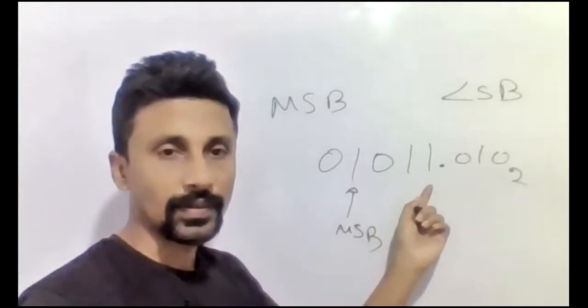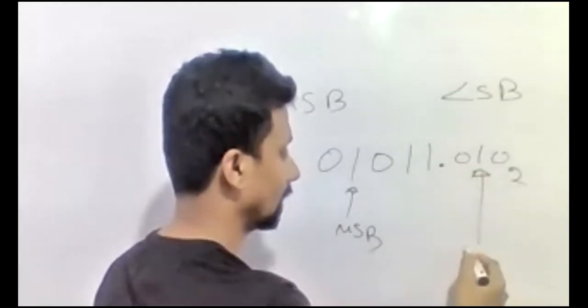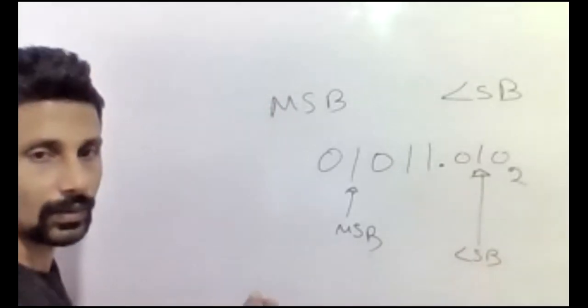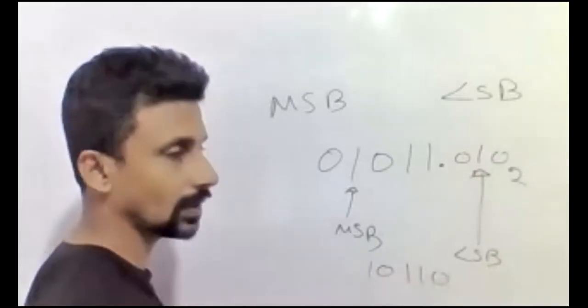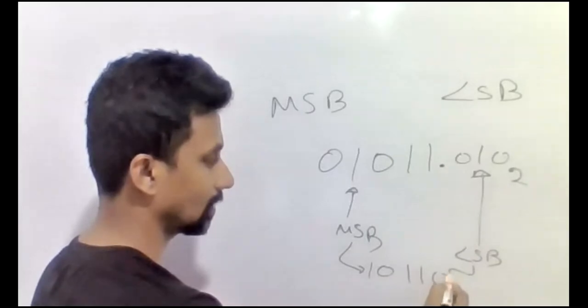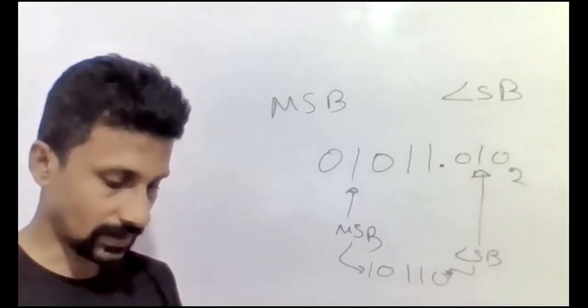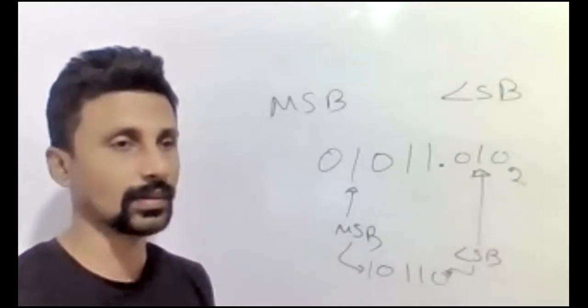Because this is a decimal fraction now, take the non-zero last value as the LSB. Right? If you get a normal value like 1 0 1 1 0, here MSB is 1, here LSB is 0. The difference is that MSB is related to bit, not digit.